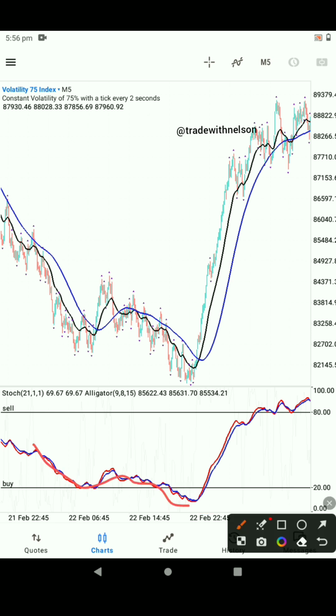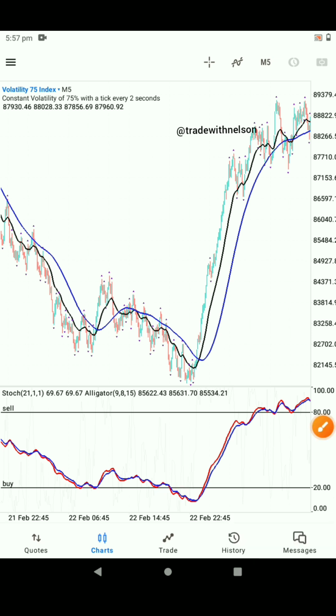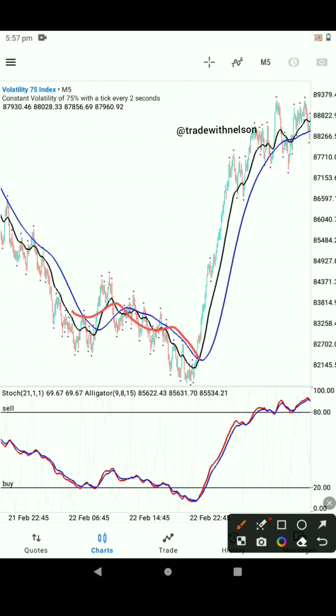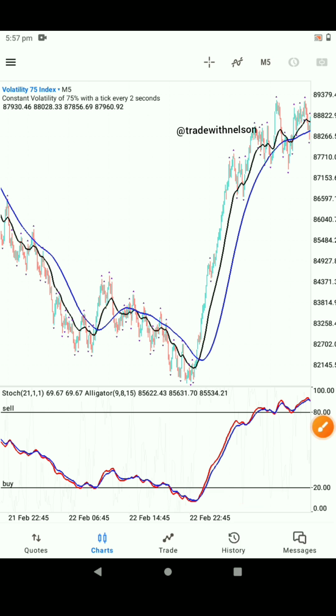See over here, it dips inside, then you have a cross of the red and blue lines inside this point. Then you don't enter immediately. The next thing you do is to wait for the cross of the black and the blue moving average. So you see over here, after the dip into the stochastic oscillator, then we have the cross. Once you have that, you will enter a buy at this point.